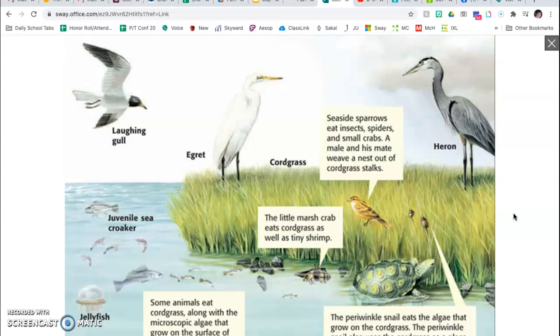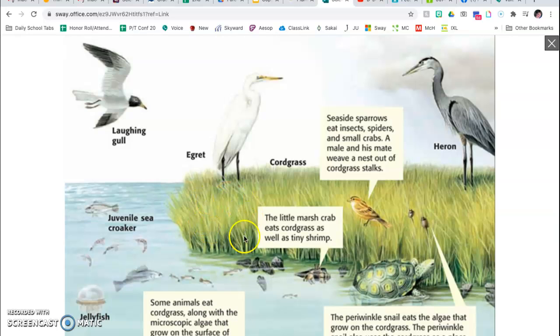So here we're just taking a closer look within the ecosystem that we saw in the environmental organization. So let's start with the bottom here. We have some animals that eat the cordgrass, which would be this, along with the microscopic algae that grow on the surface of its leaves and stems.